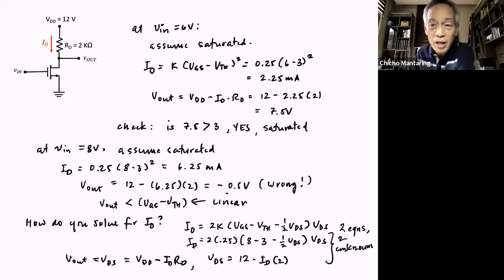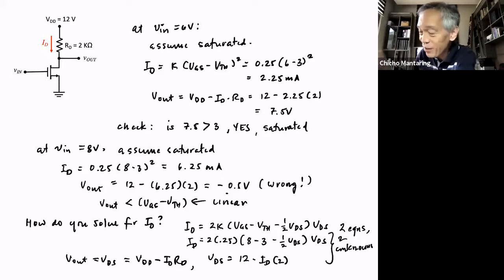Okay. So ang problem natin nagiging math problem na lang, no? Two equations, two unknowns. Here I relate ID to VDS. Here I also relate ID to VDS. Fortunately, if I express VDS in terms of ID and substitute it back, you can actually use your calculator's solve function to solve for ID.